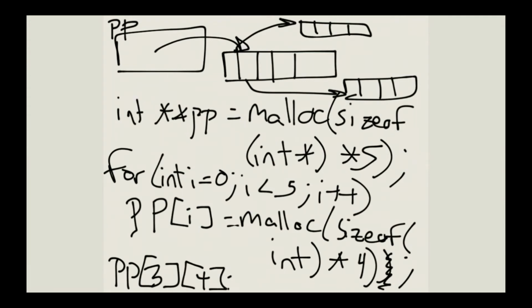Because for multidimensional arrays, it translated bracket 3, bracket 4 into a single offset into the X array. This is dereferencing P, accessing the third index, then dereferencing that and accessing the 4th index.